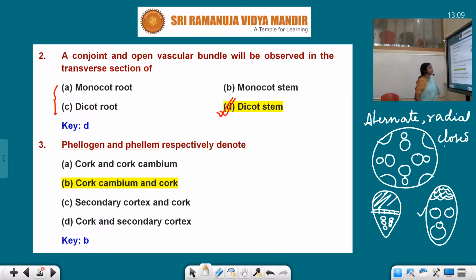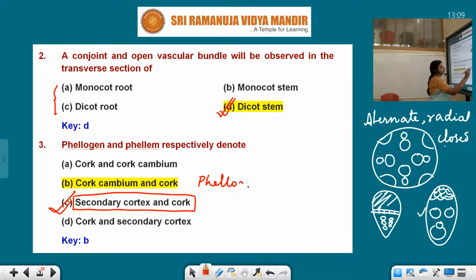But what is the question here? The question: phellogen and phellem respectively denote. Phelloderm and phellem form secondary cortex and cork. Cork cambium means phellogen. The secondary cortex is phelloderm, and the cork is phellem.